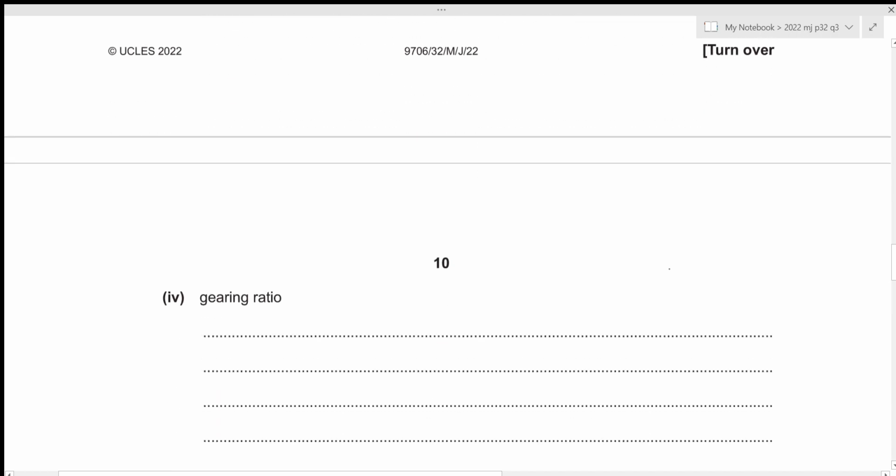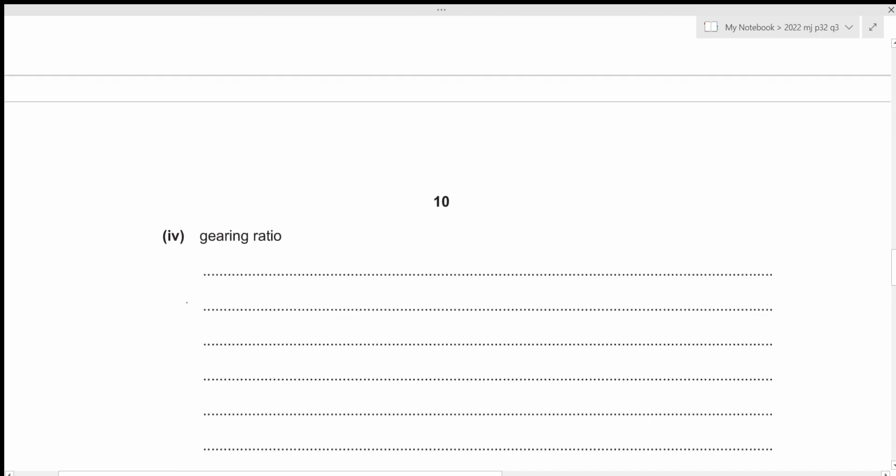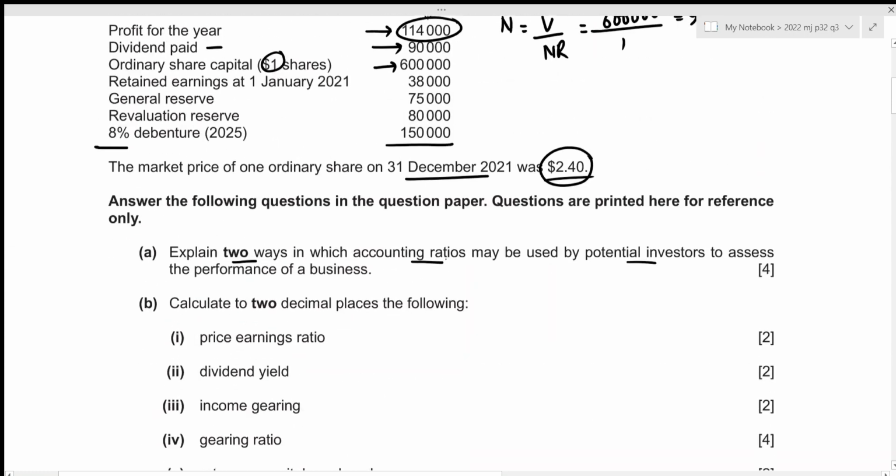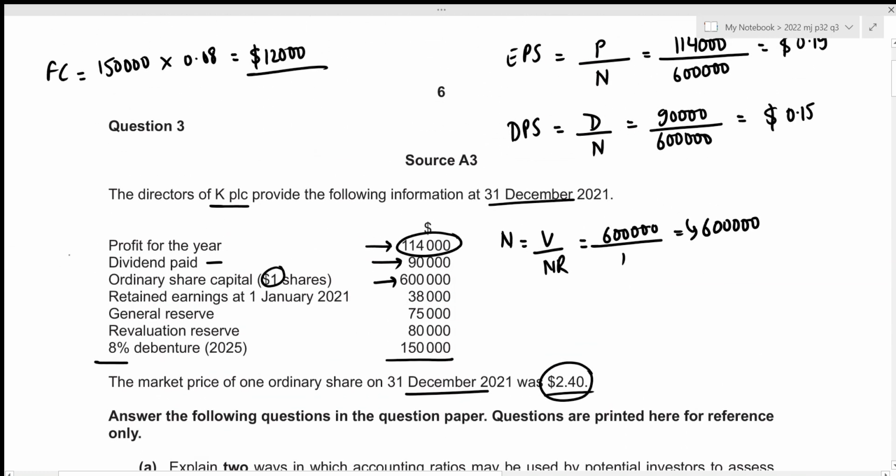Then we need to calculate the gearing ratio. The gearing ratio is just the non-current liabilities divided by equity plus non-current liabilities, times 100%. Okay, let's have a look above. Ordinary share capital is equity, retained earnings is equity, general reserve is equity, and revaluation reserve is also equity, whereas the 8% debenture will be non-current liability.